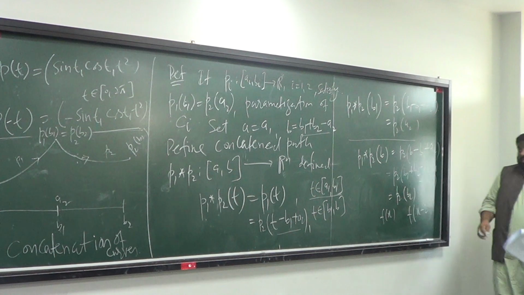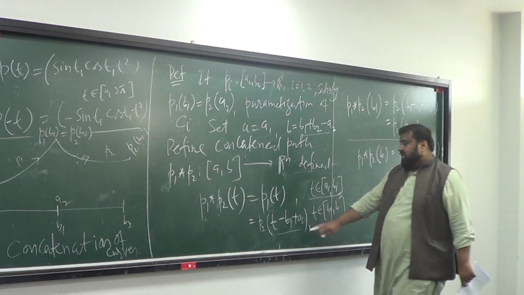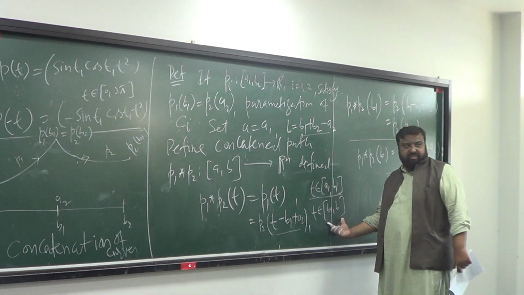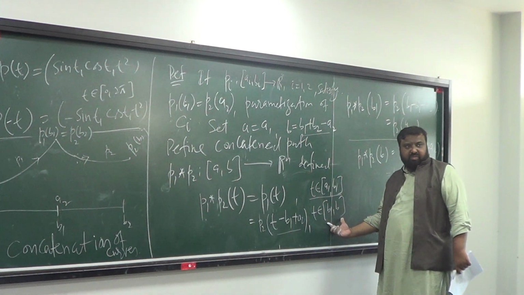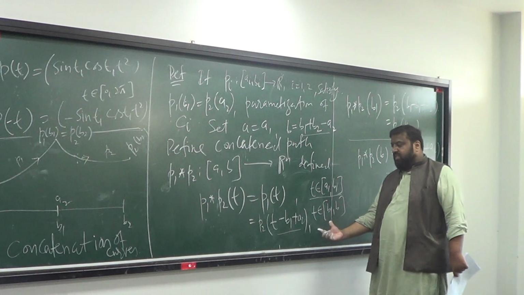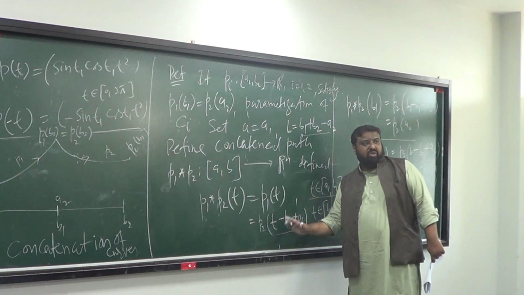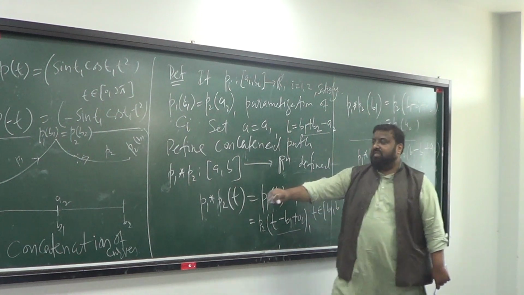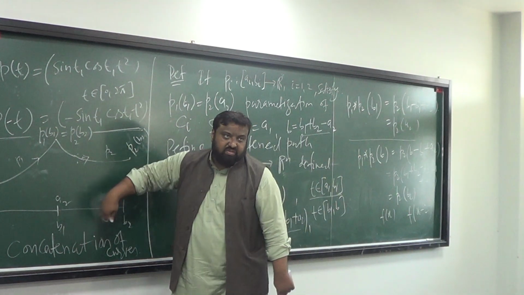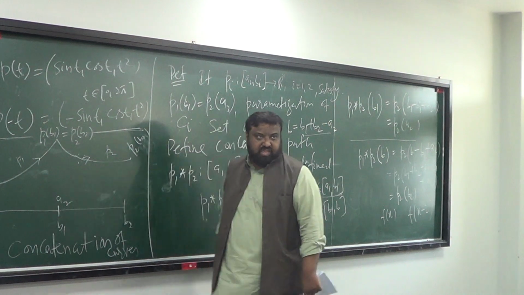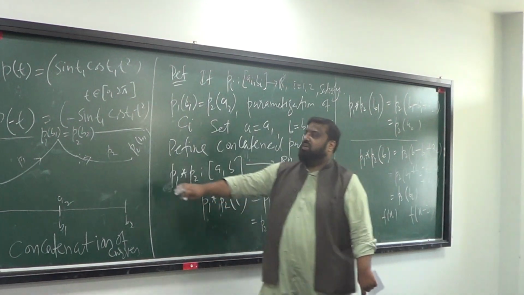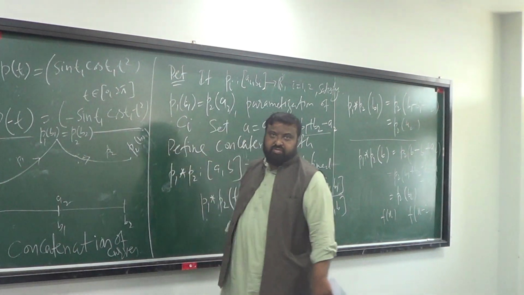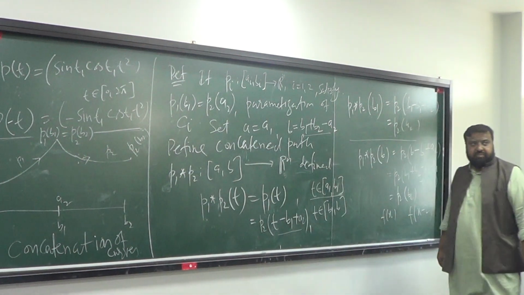So what you are doing is taking t's from this interval, and then shifting the outputs onto the right of A2. So that's what we are doing, shifting it onto the right of this curve actually.